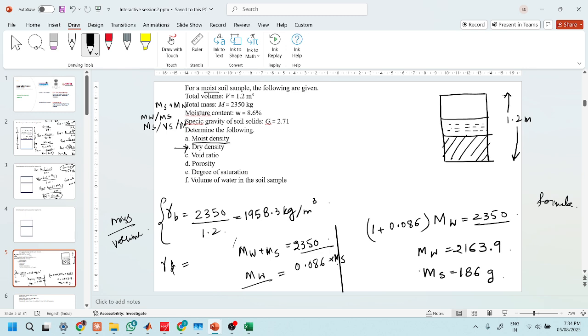So you know the mass of solid, you know the mass of water, and your dry density will be mass of solids by total volume. And can you calculate this?